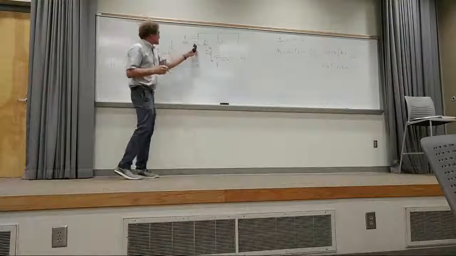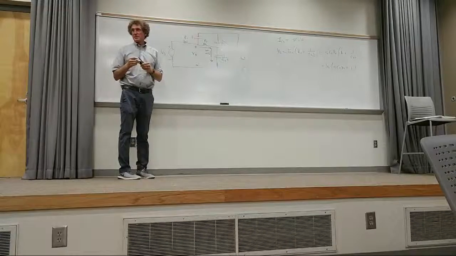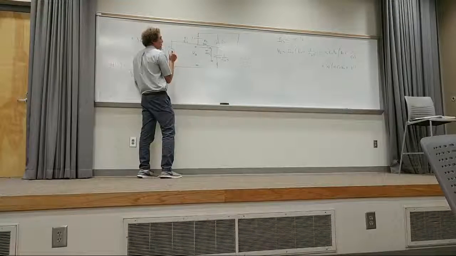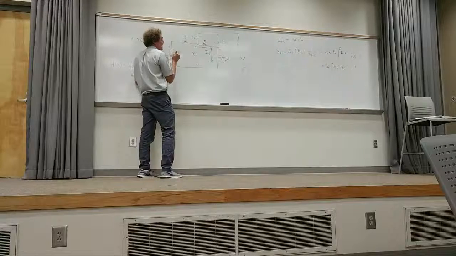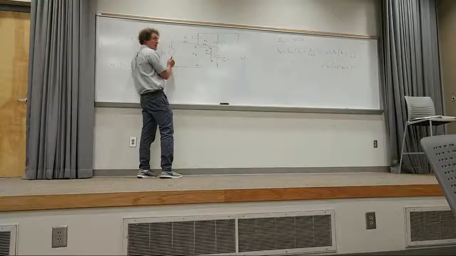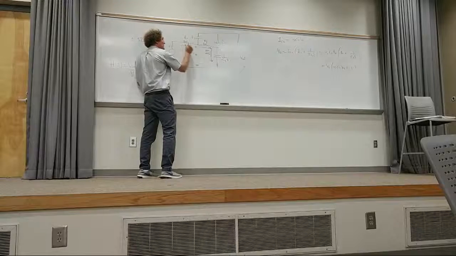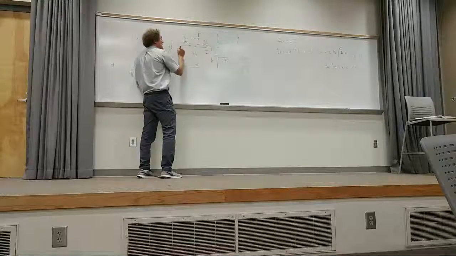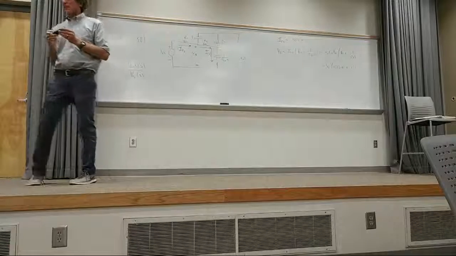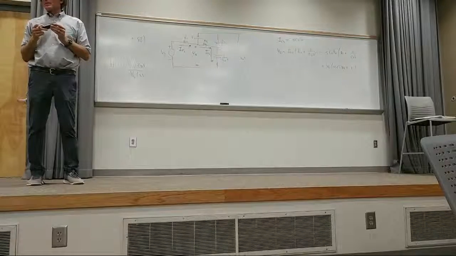Now I've got this voltage. What's my next thing? Yeah, I could go that way, but I have this voltage and I have this voltage, right? Can't I get this current? Can't I get IR1 here? Do you agree with that? Everybody?